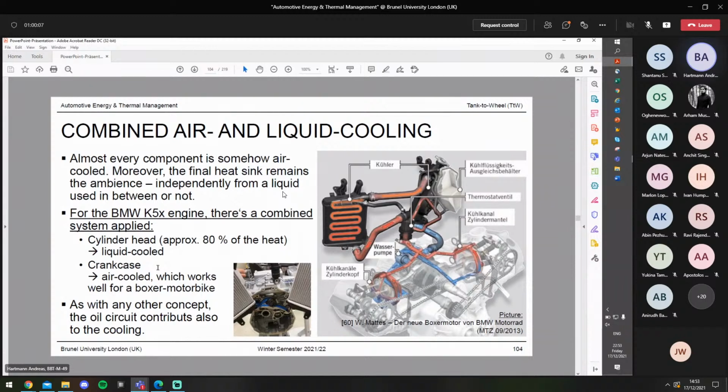And for the crankcase, it's maybe different. For the crankcase, there does not occur too much heat, and on the other hand, it does also not cause too much damage. And this is why for this engine, one could apply a combined air and liquid cooling. So the cylinder head is liquid cooled, and the crankcase is air cooled, which works very well for a boxer motorbike.